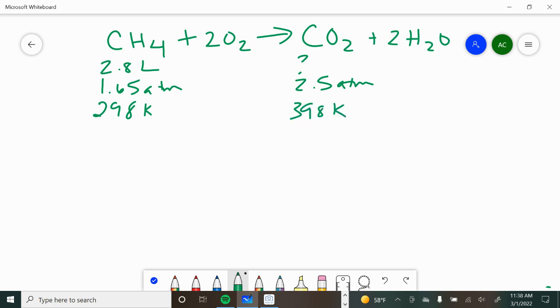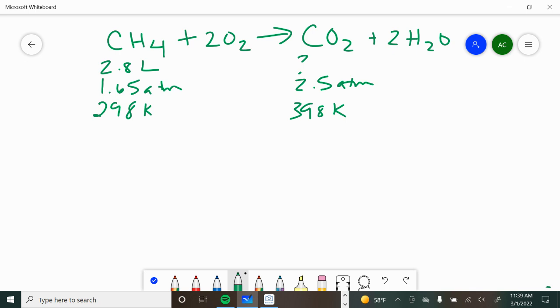Okay, so what am I going to do? I have CH4, but I need CO2. It's the same equation, different starting conditions.